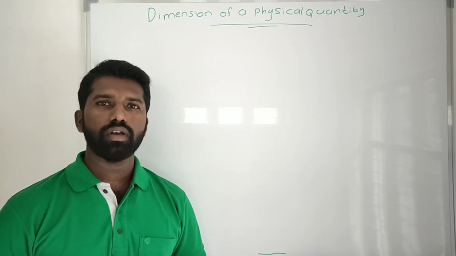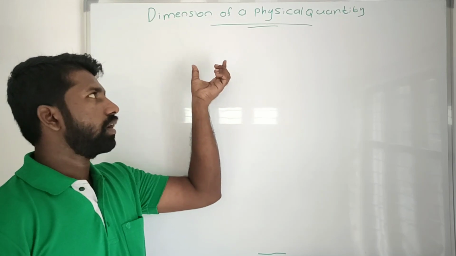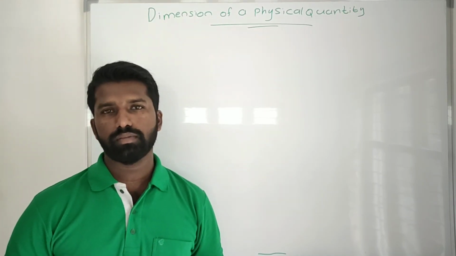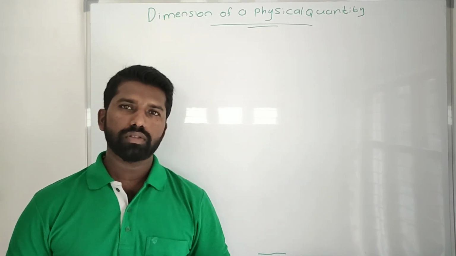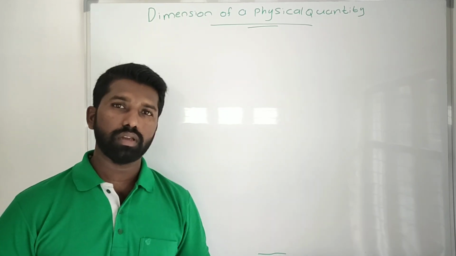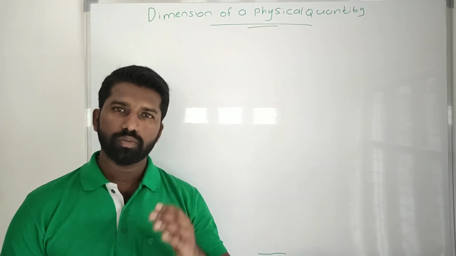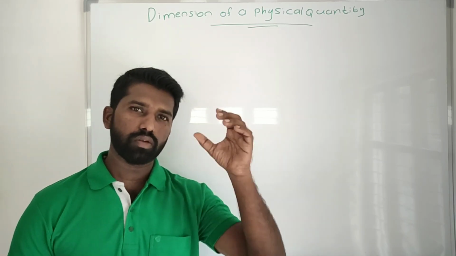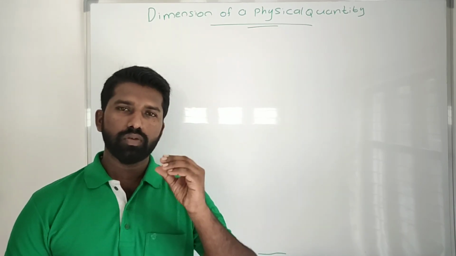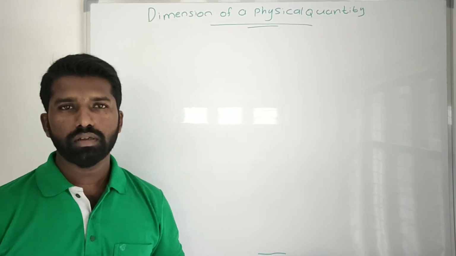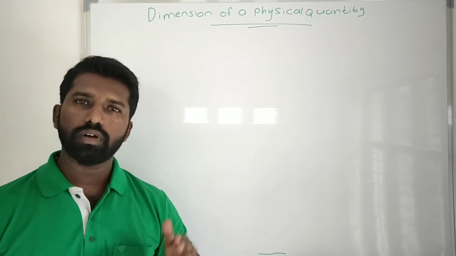In this video, I am going to discuss the dimension of a physical quantity. We all know that any derived quantity can be expressed in terms of basic quantities or fundamental quantities. In a derived quantity, there will be many powers of fundamental quantities.